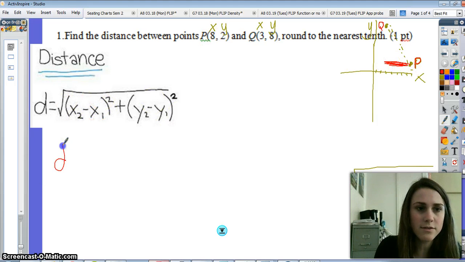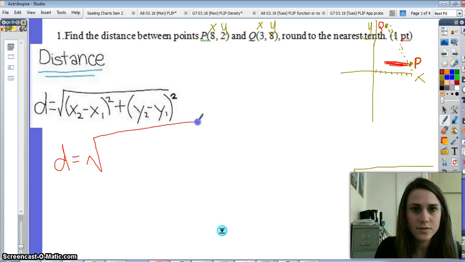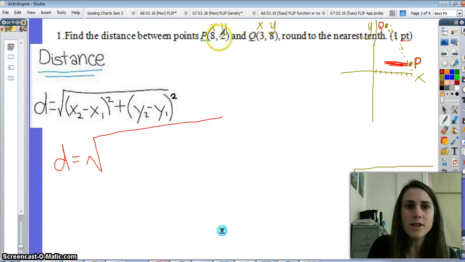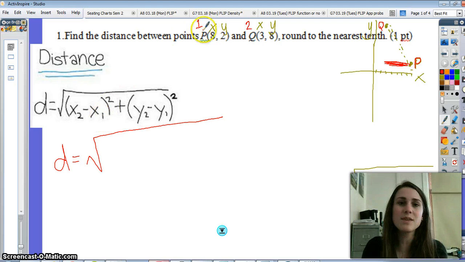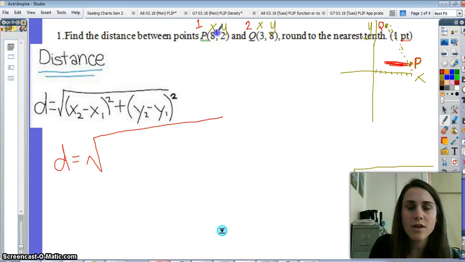So if we were to plug that into the formula, we would have the distance between P's x coordinate and Q's x coordinate. And it's helpful, again, let's call this point 1. Let's call this point 2, because we see how we need the second x coordinate minus the first x coordinate. It doesn't really matter which point you call point 1 and point 2, but once you do that, we'll call this x sub 1, y sub 1, x sub 2, y sub 2.